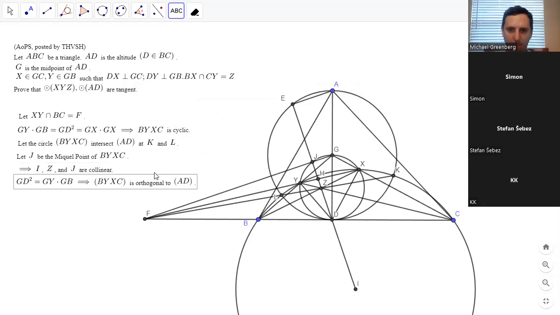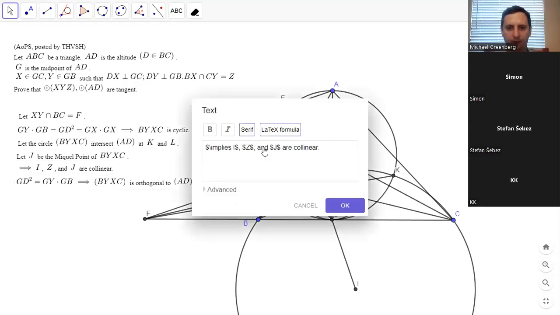So Z, we want to show Z has the same power with respect to these two circles. So by Brocard's theorem, IZ is the polar of F. So basically this means IZJ and D are collinear.